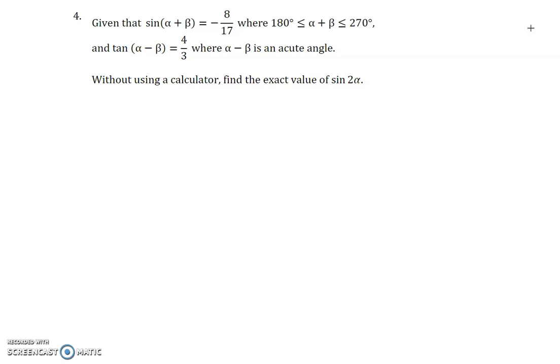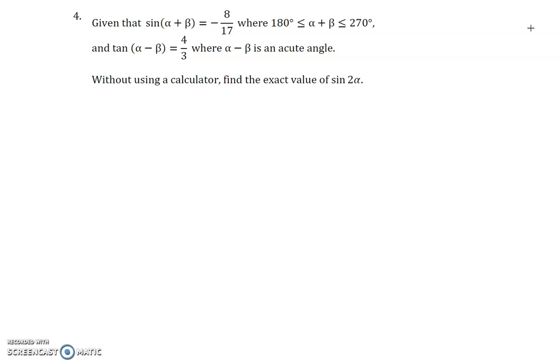What you have to recognize is that the angle alpha or the angle beta is unknown. We do not know the value for sine alpha or sine beta, or tangent alpha or tangent beta, or cos. But we know the value for sine of alpha plus beta.